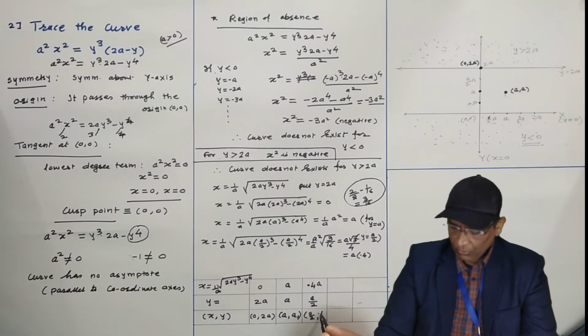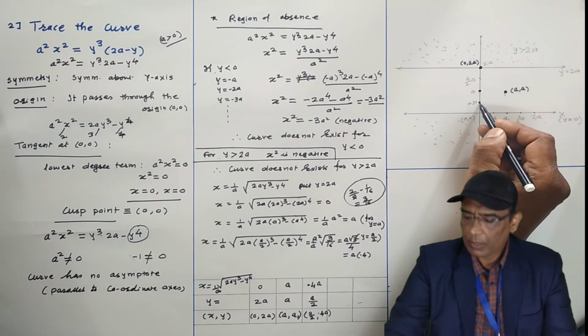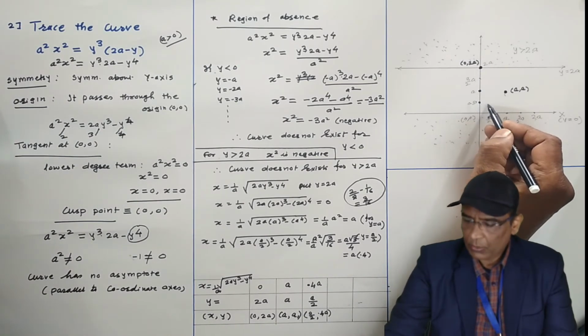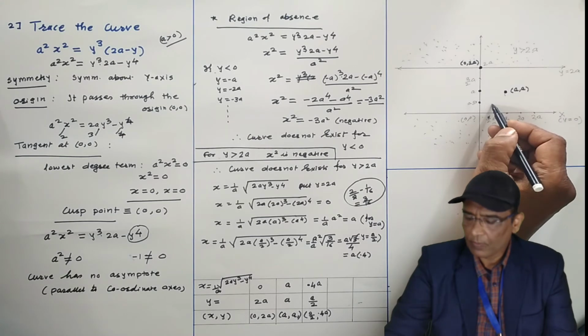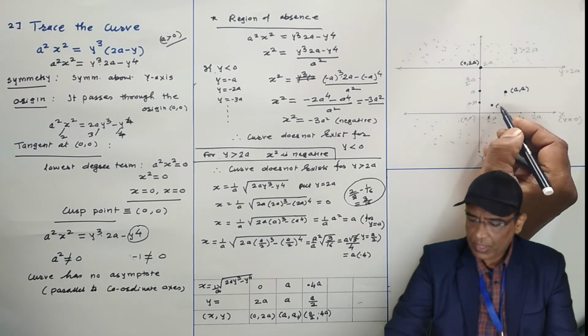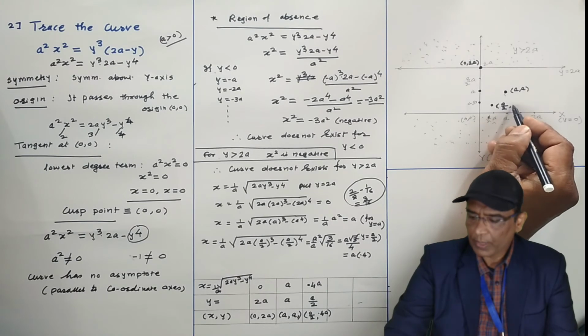This is 0.5, and a little bit below that is 0.4. By freehand I am drawing this one. So this is the next point, which is 0.4a comma a by 2.